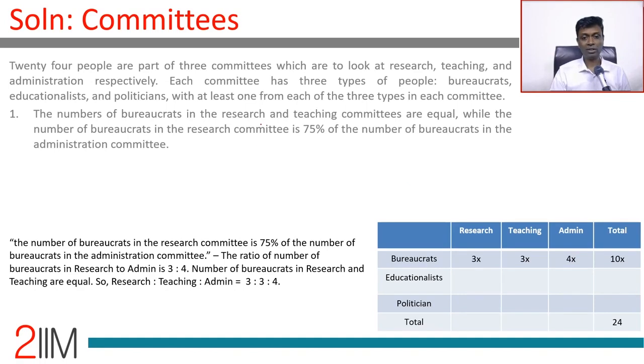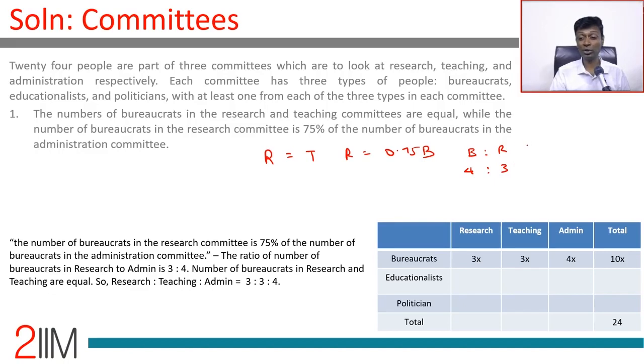The number of bureaucrats in research and teaching committees are equal. If you take bureaucrats, R equal to T, and R is 0.75 of B. Whatever B is, research is 3/4 of that, or admin to research should be in the ratio 4:3.